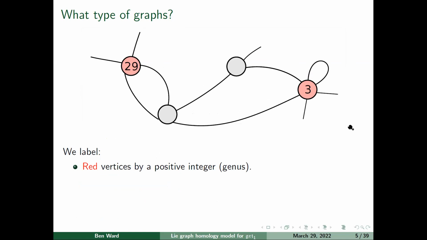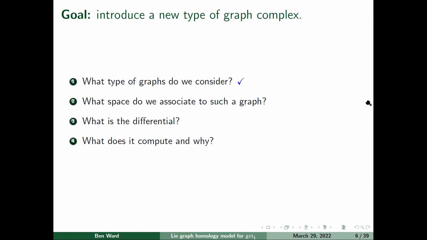And I want to emphasize the word positive here, so we don't allow genus 0 labels. And also we label the legs, say bijectively 1 through n, for the appropriate n. So I've done that here, but I'll often, in pictures, just suppress the labeling. So it's always there in the background, but you might not see it. Okay, so that's item 1.